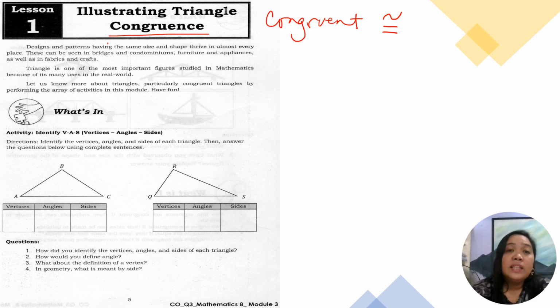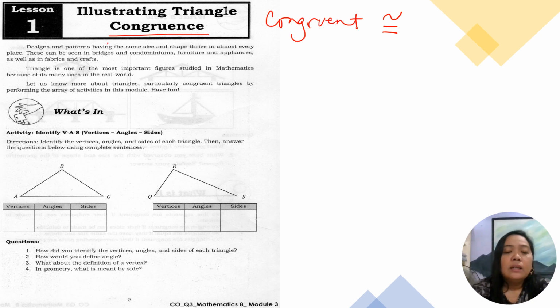It could also be seen among the furniture and appliances, as well as in the fabrics and crafts. Triangle is one of the most important figures studied in geometry, particularly in mathematics, because of its many uses in the real world. Let us get to know more about triangles.